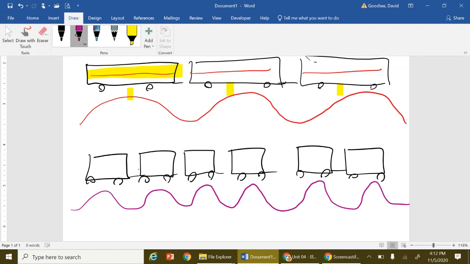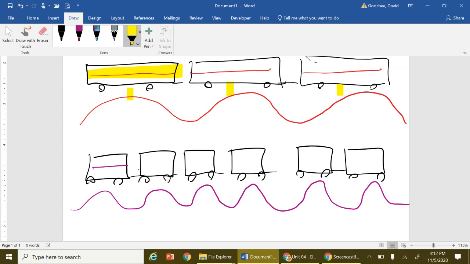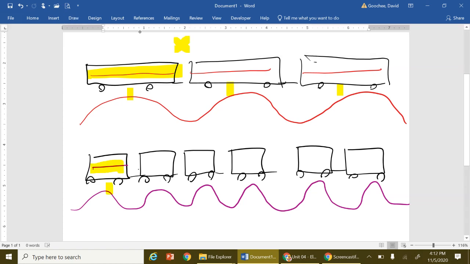And this train down here, if you take the length of this train, which is shorter, but multiply it by the number of train cars that come by every second, you will get the speed of that train, and those speeds are going to be identical.